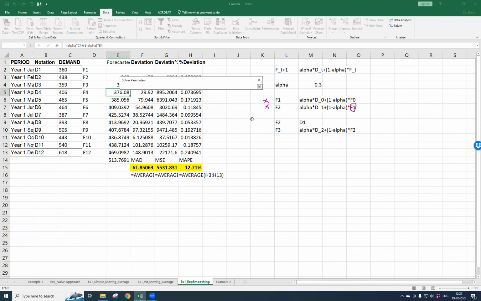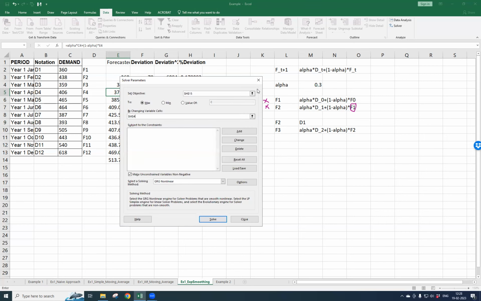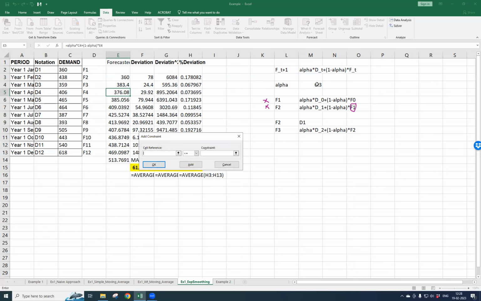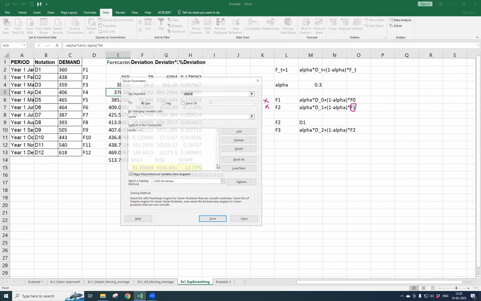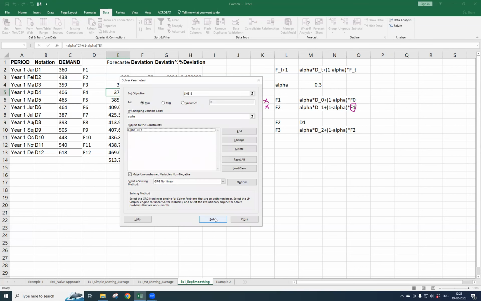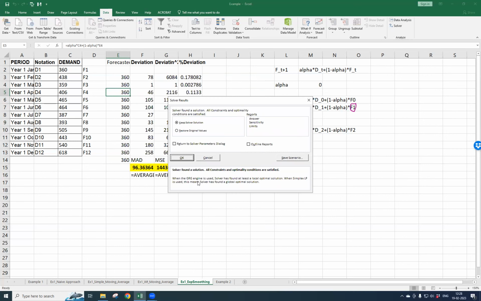What value am I going to change? I'm going to change alpha. And the constraint that I'm going to add is that alpha is less than or equal to 1. That's it, and we are going to ask it to solve that.